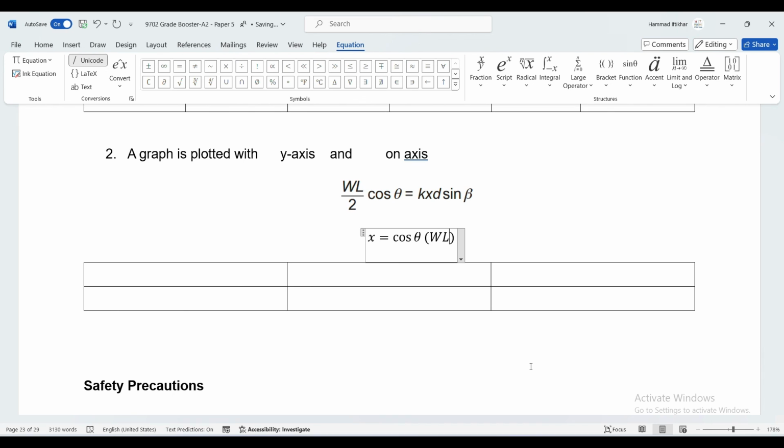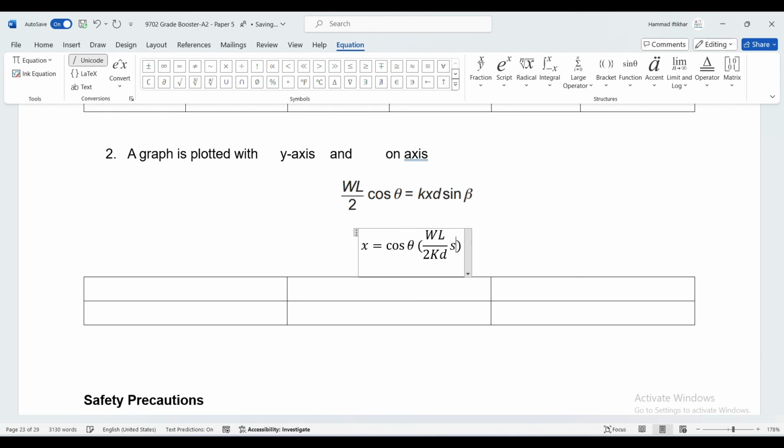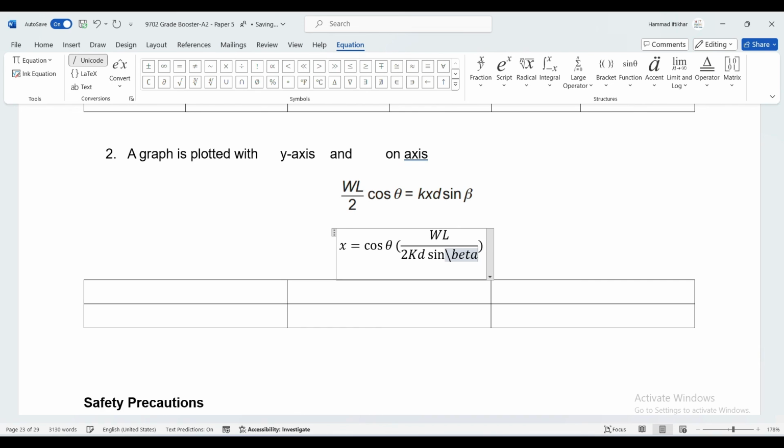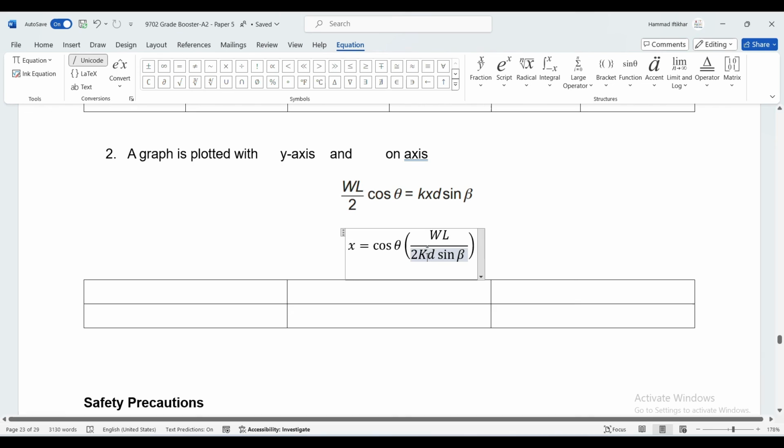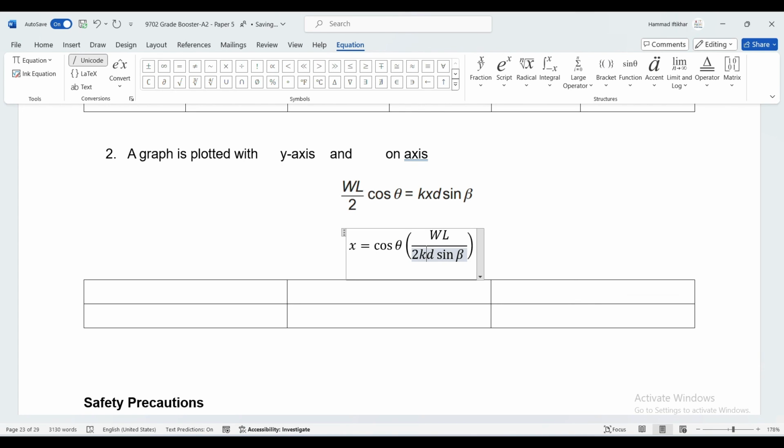and then we will multiply with everything: WL over 2kd sine of beta. So okay, W L K, where k is the small k, the spring constant. D is the distance.